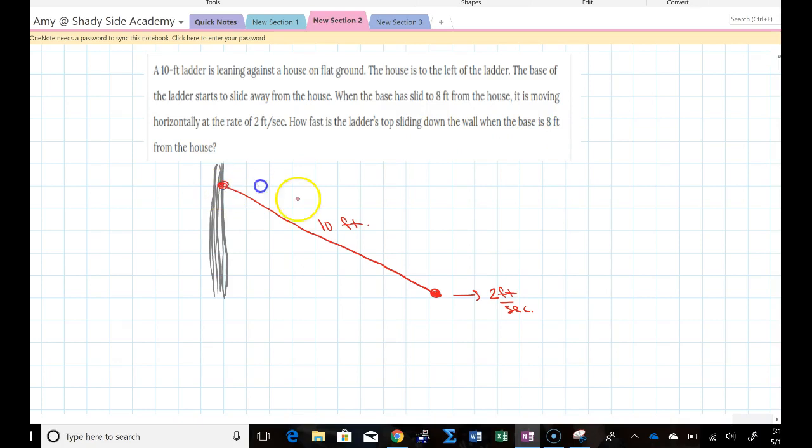Okay, here's what we're going to talk about. We've got some information here. This is a problem that's really going to capitalize on us knowing what it means to take the derivative of the identified independent variable.